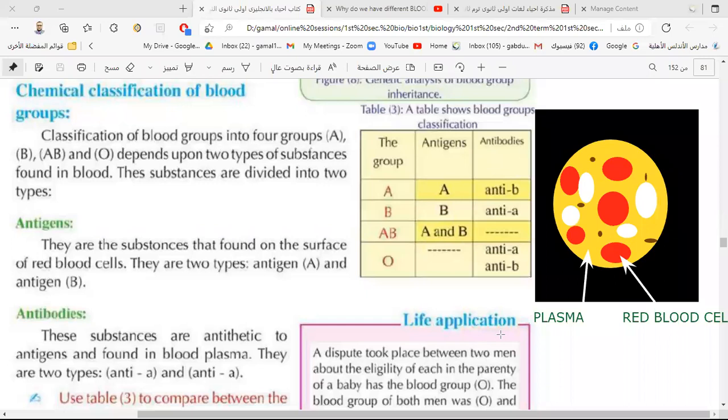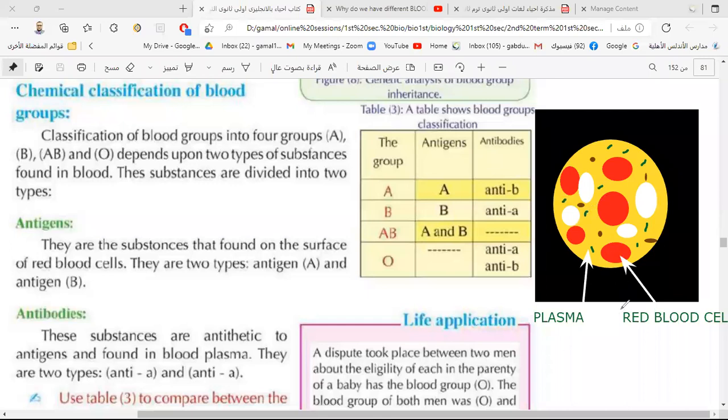Antibodies have a chemical structure and they are found in the blood plasma. Antibody like this, antibody like this. This green color is antibody, in the blood plasma, okay?